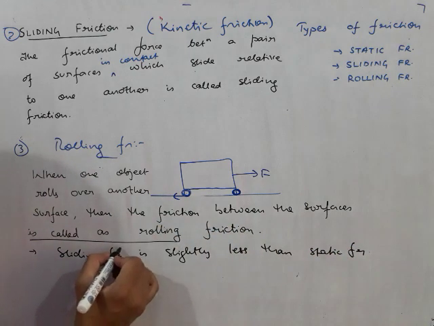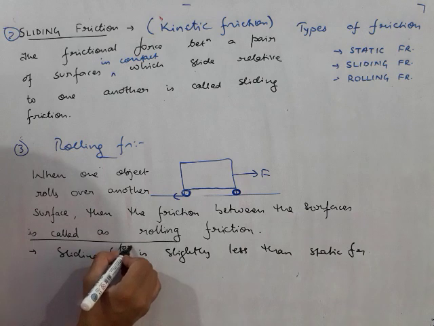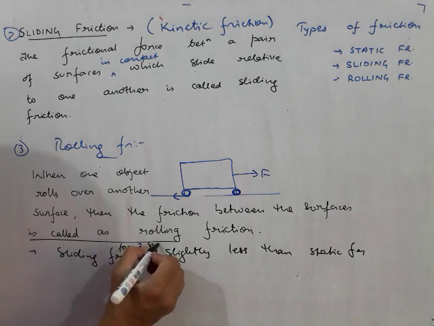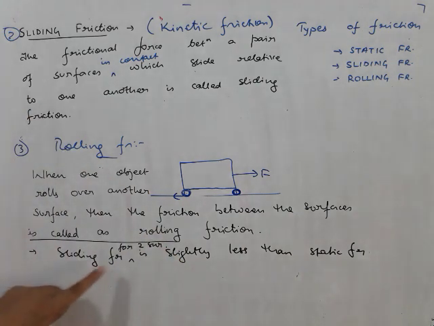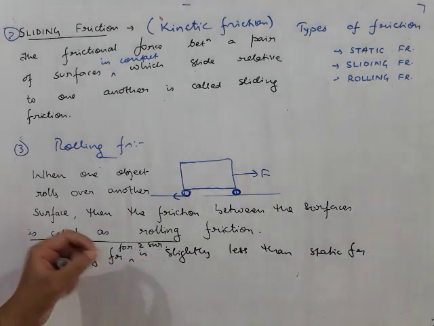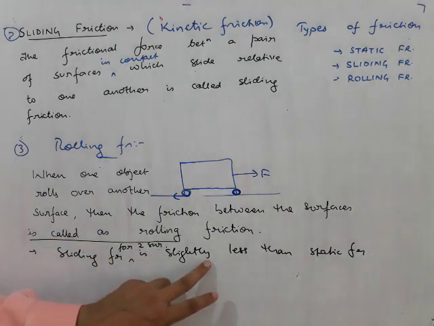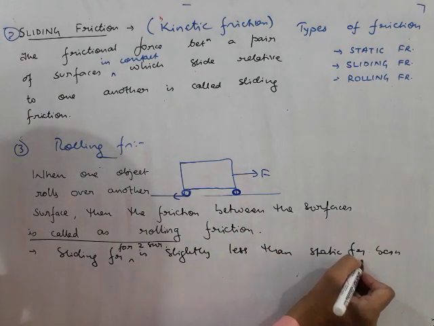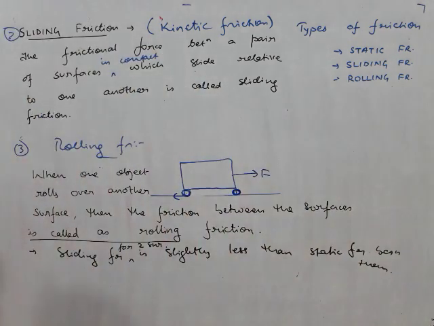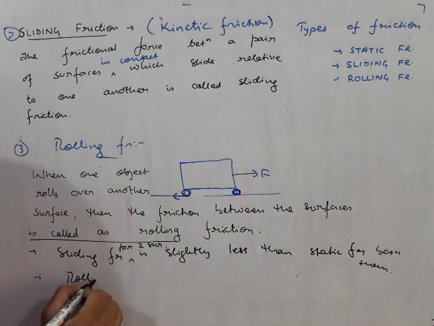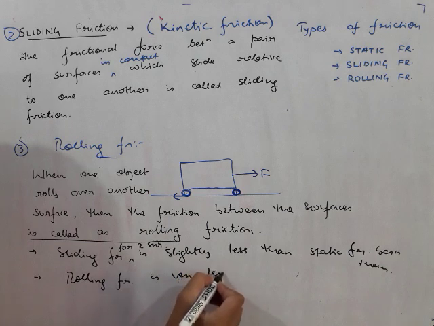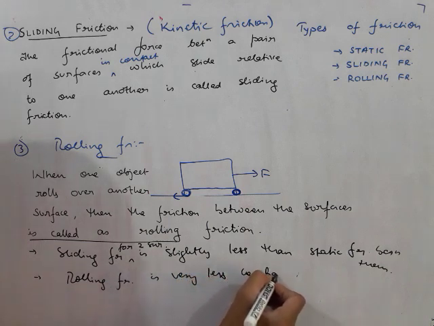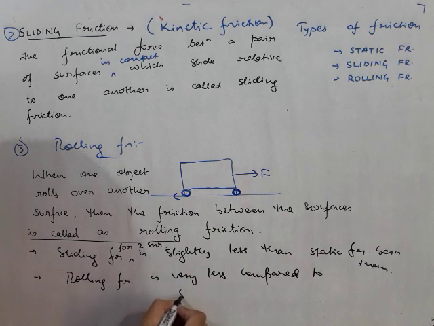So sliding friction for any pair of surfaces is slightly less than the static friction between them. And the second thing is that rolling friction is very, very less compared to sliding friction.